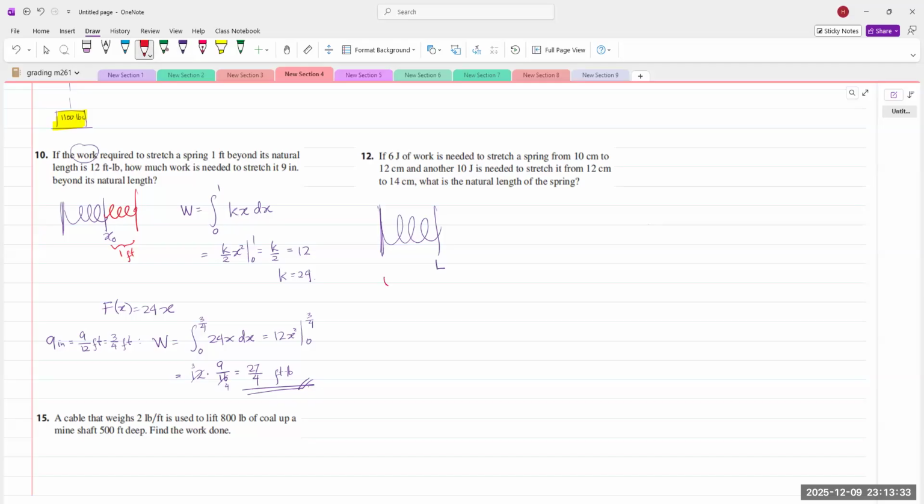Let's say this is 10 centimeters and this is 12 centimeters. So from here to here. Now 10 centimeters is 0.1 meter and 12 centimeters is 0.12 meter.